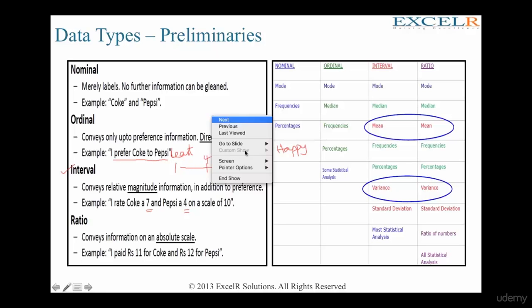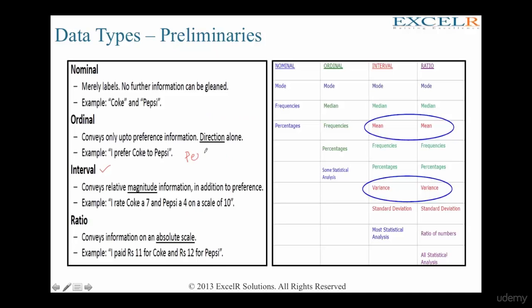But one thing you need to remember in interval scale is that this is not absolute data. For example, if there are two people, person A and person B, who like Coke equally well.